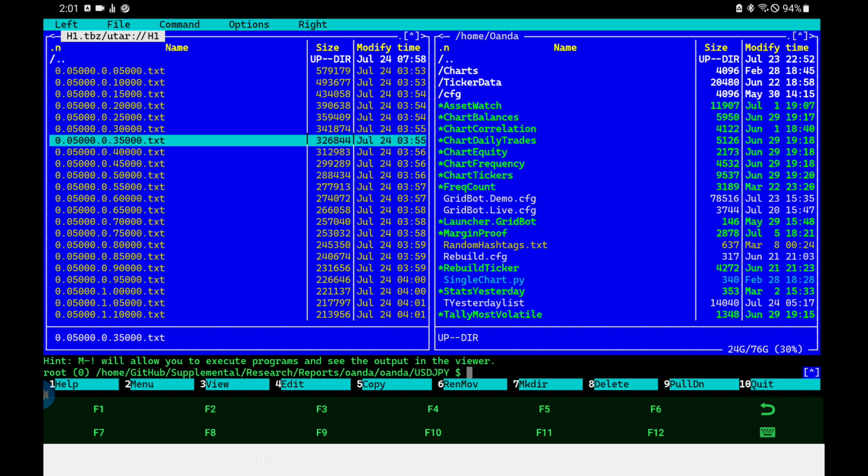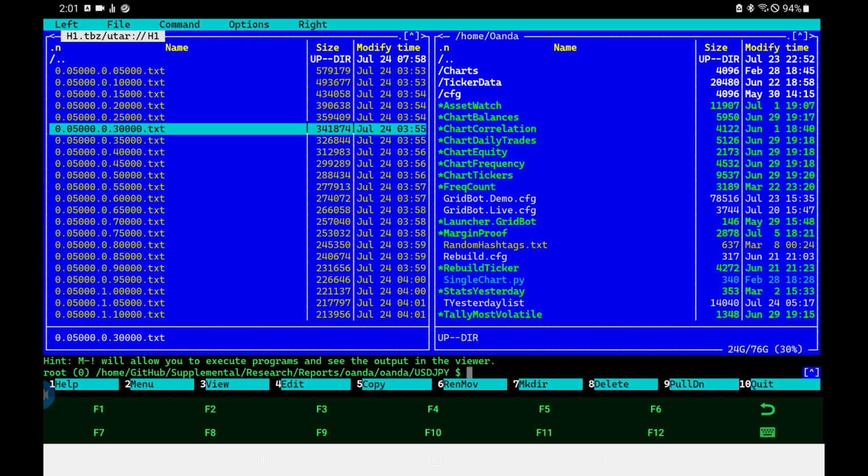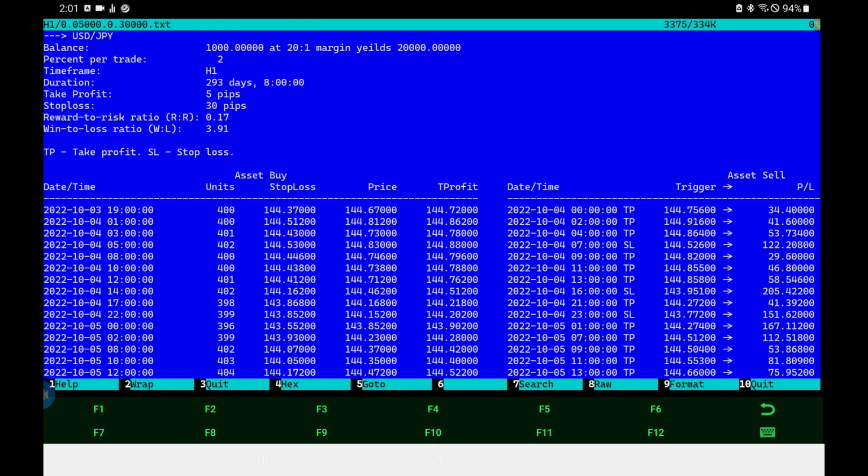So let's look at the 530 like we looked at to begin with, but on the 1 hour. We see a reward to risk ratio of 0.17 to 1, but a win to loss ratio of 3.91 to 1. Not bad.